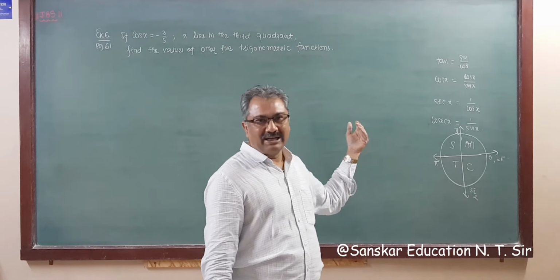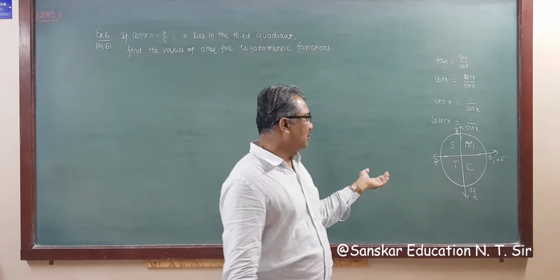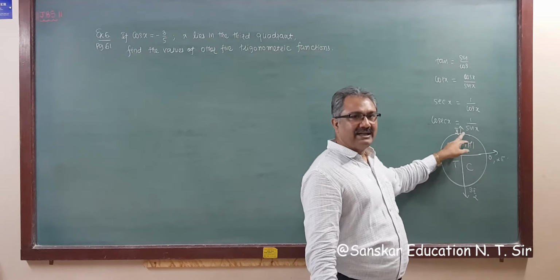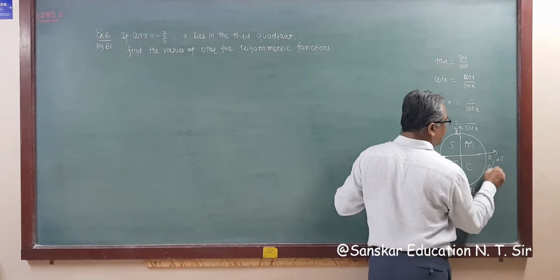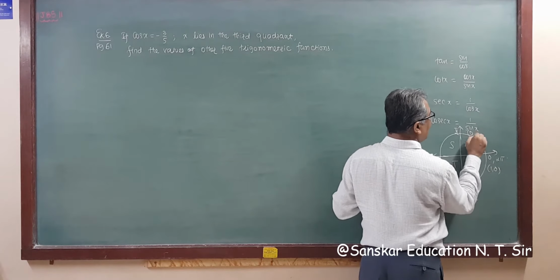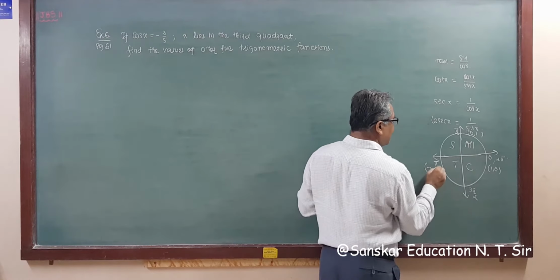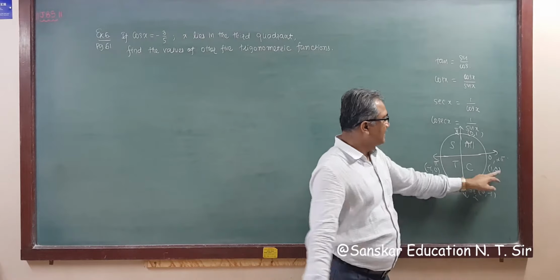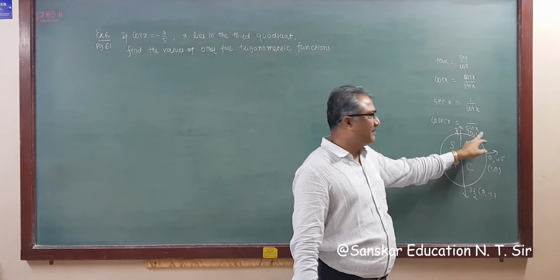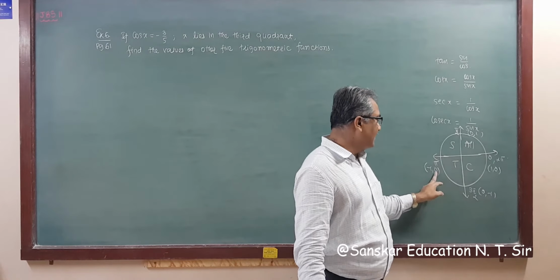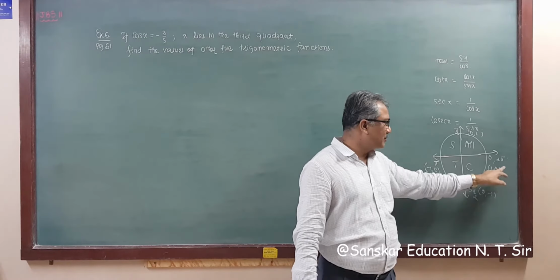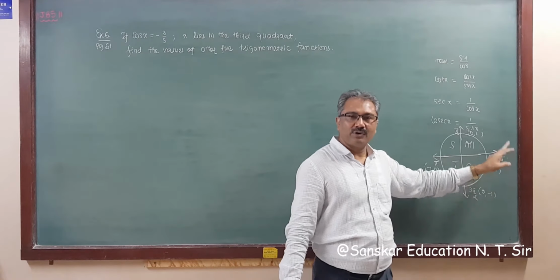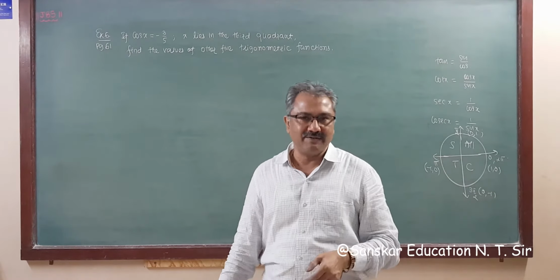Then we learn about increasing and decreasing functions. So in first quadrant, this point is (1, 0), this is (0, 1), this is (-1, 0), and this is (0, -1). So sine 0 to 1 means increasing function. In second quadrant decreasing, in third quadrant decreasing, and -1 to 0 increasing. So in fourth quadrant sine is increasing function, that we learn.